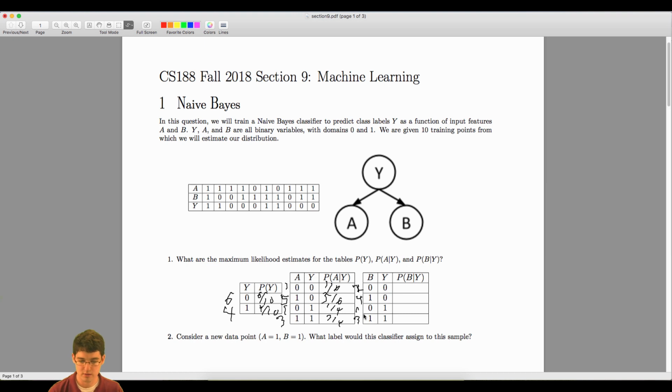So these are our counts. And now we're just going to normalize. So this is 2 over 6, because again we added 2 and 4 to get 6. So that's 1/3. Then we have 2/3 here. This is going to be, our sum is 1 and 3 is 4, so 1/4 and 3/4.